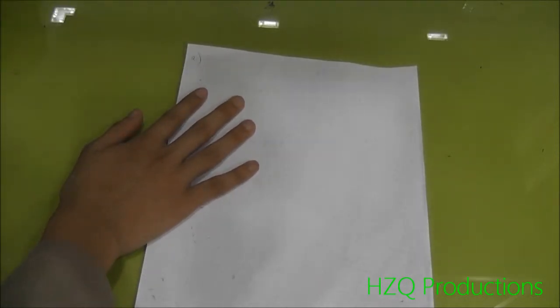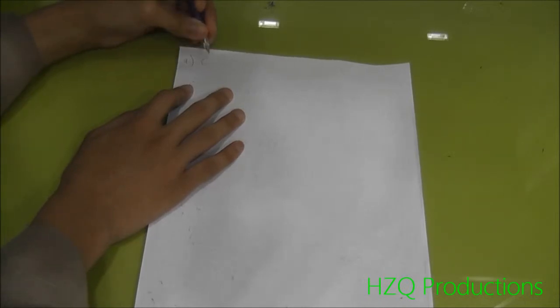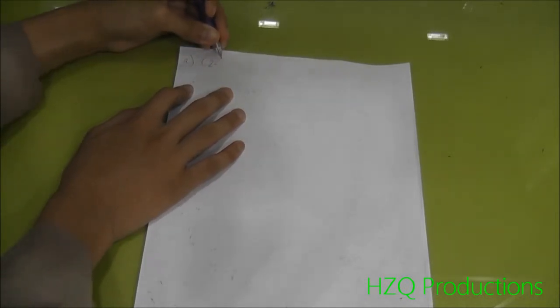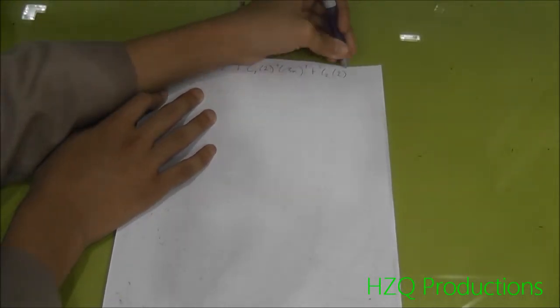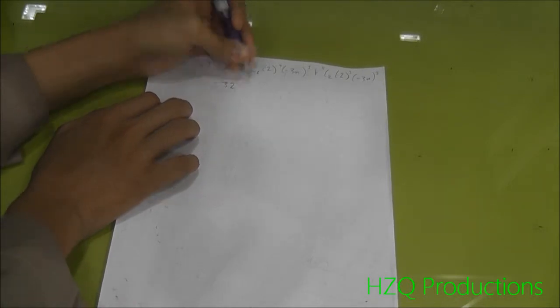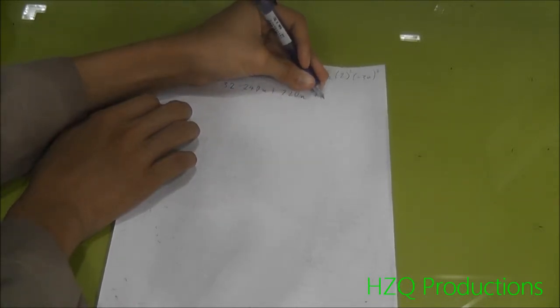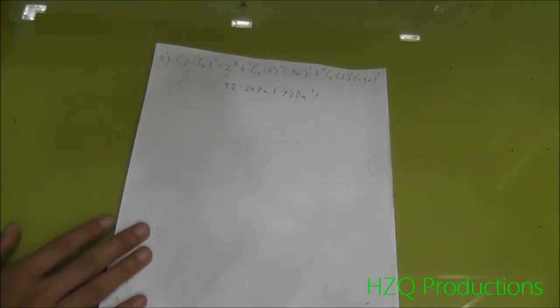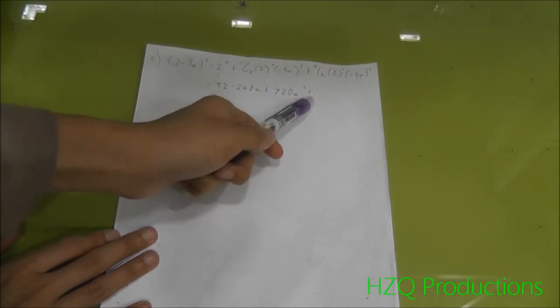First, part a: we want to find in ascending powers of x the first three terms. So this is very easy. Use the formula to solve. Now it will be nice if you put a plus dot dot dot.